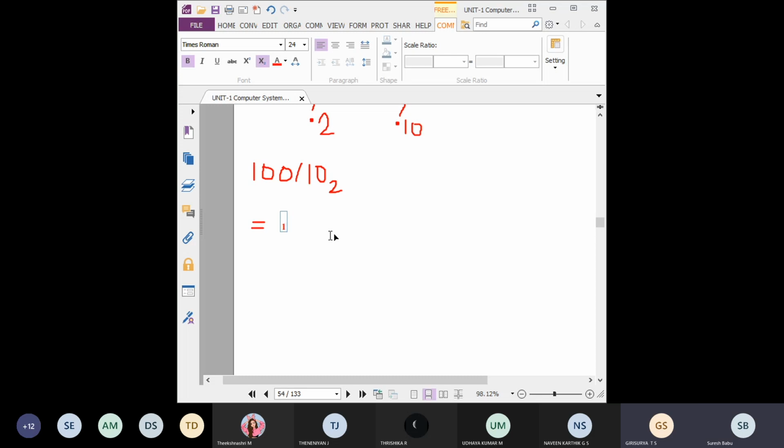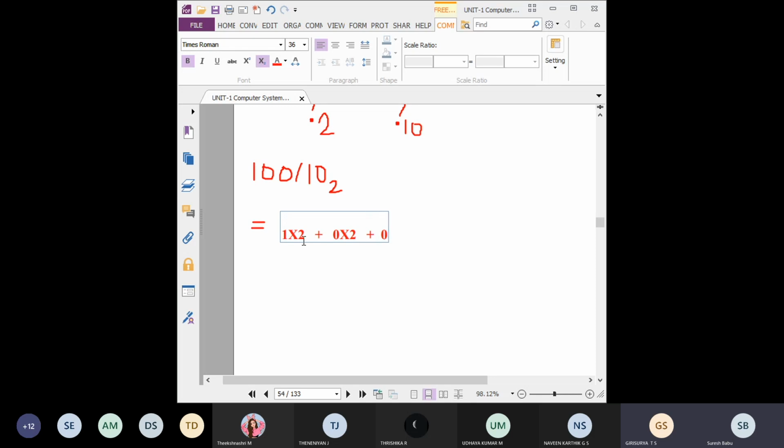Every digit should be multiplied with a power of 2. So 1 multiplied with 2 power something; I will give the power value.